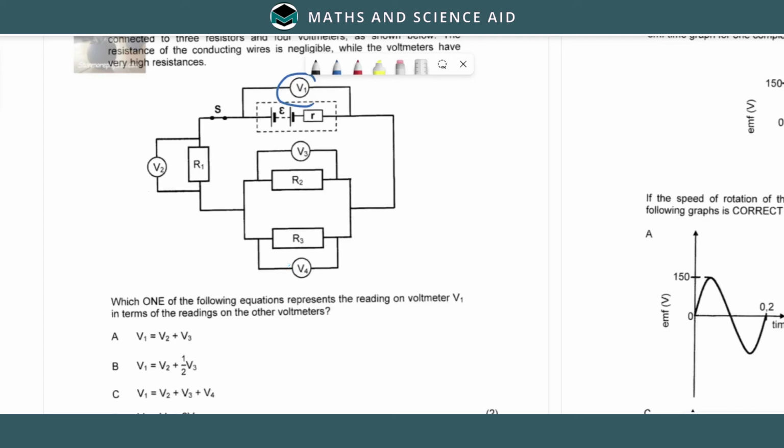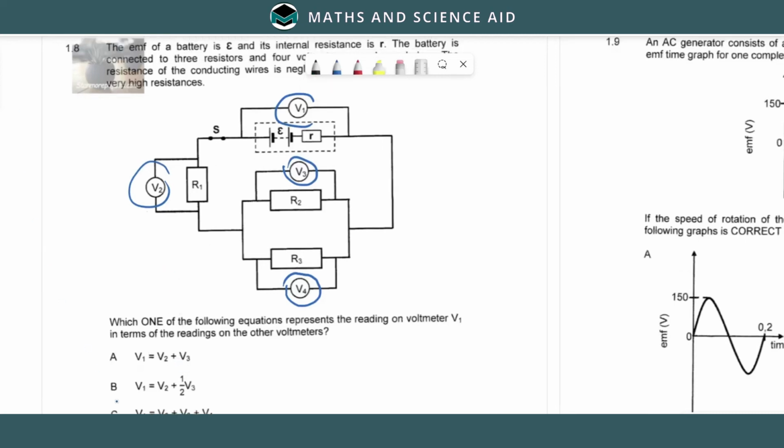So the other voltmeters are V4, V3, and V2. A says that V1 must be equal to V2 plus V3. And I agree with this equation. This is correct because V1 actually measures the total voltage of the external circuit.